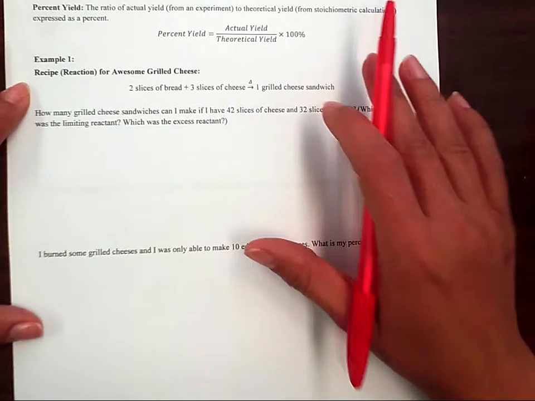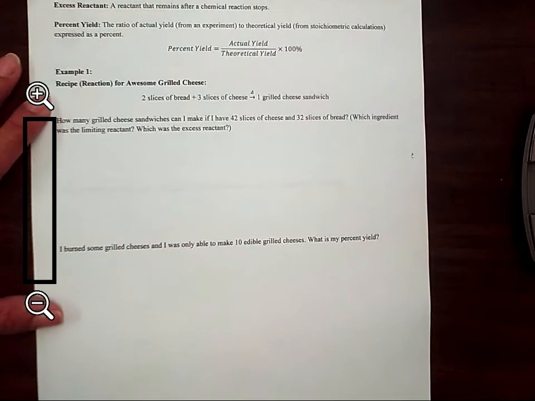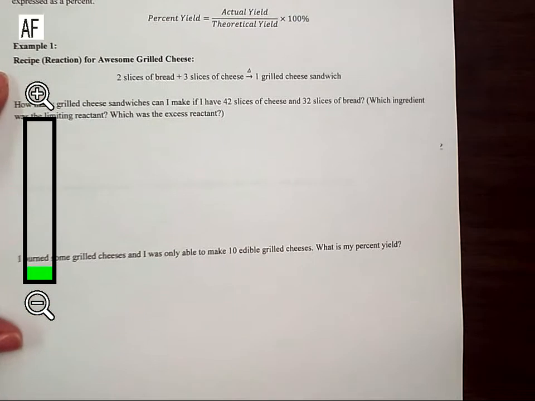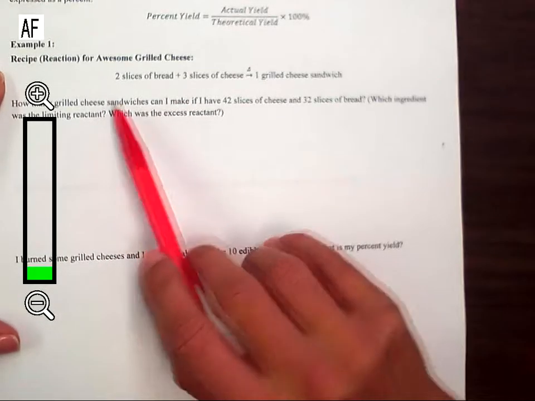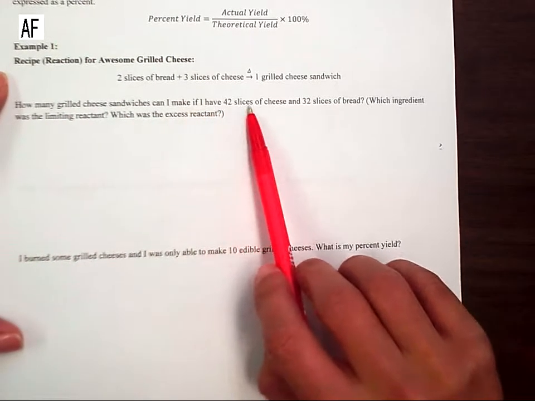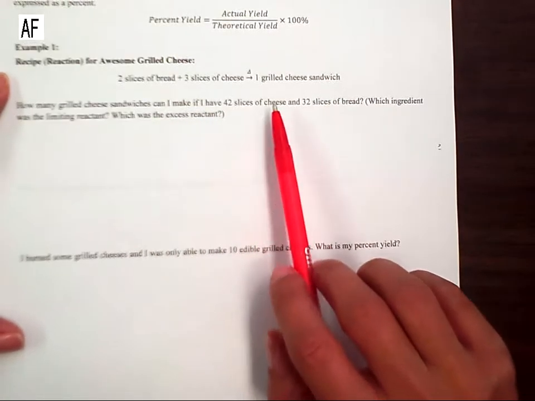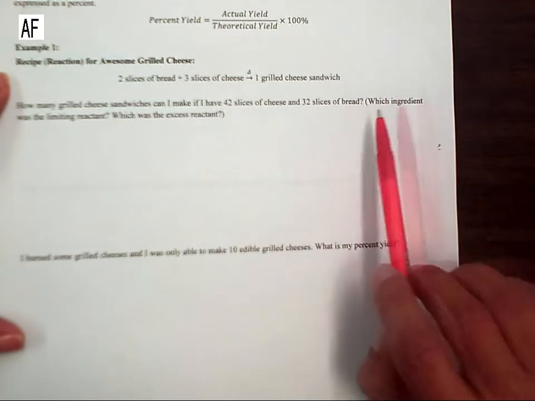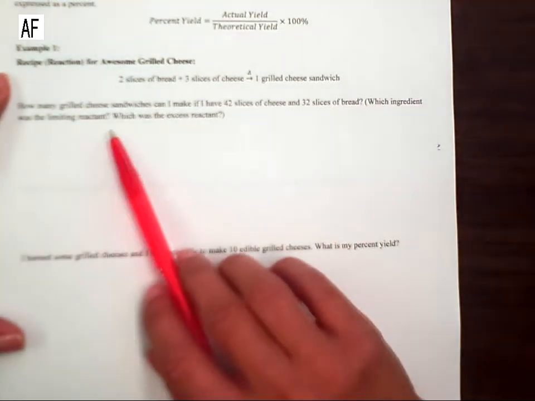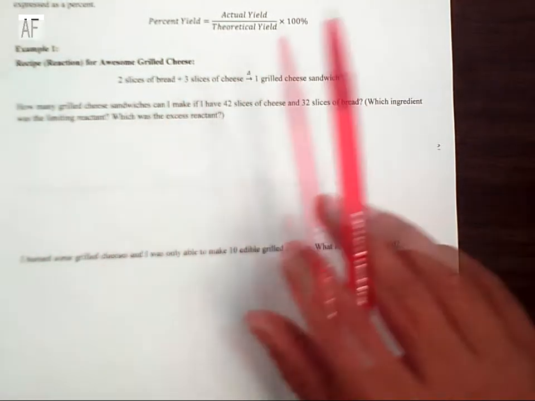I have example number 1. How many grilled cheese sandwiches can I make if I have 42 slices of cheese and 32 slices of bread? Which ingredient was limiting and which one was in excess?